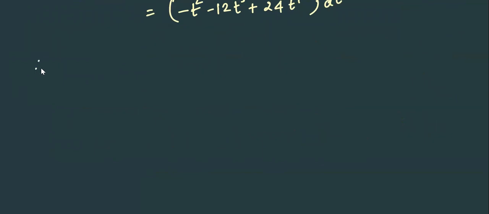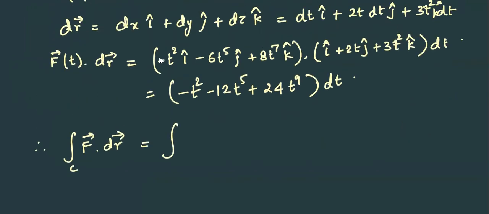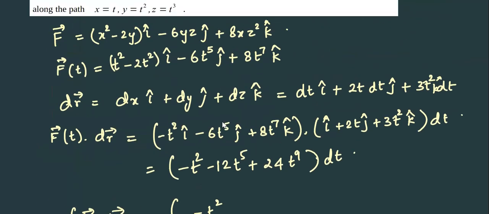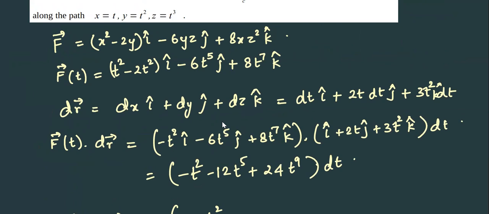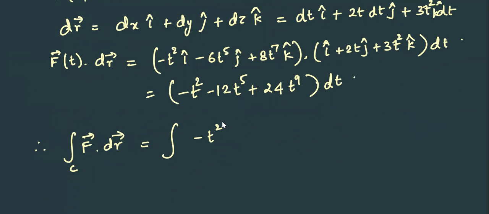So therefore, integral f dot dr is the integral of this one: minus t square, now this is minus 12 t power 6 and this is t power 9, correct?